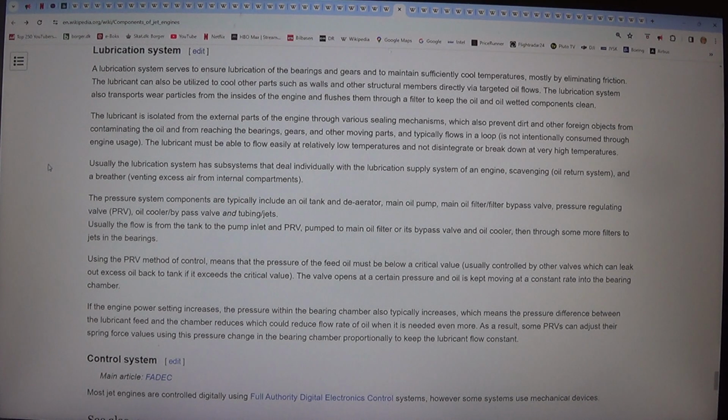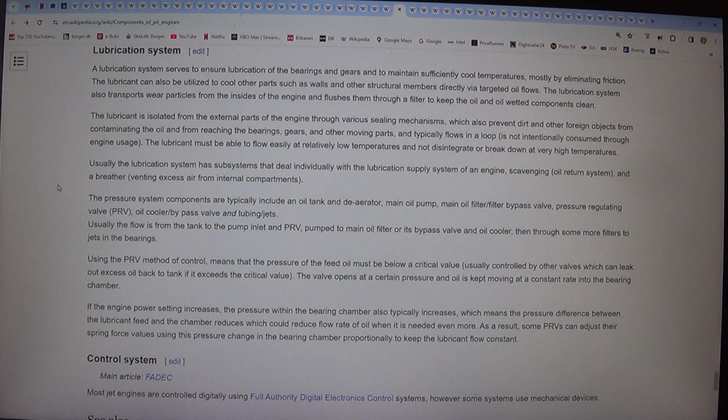The pressure system components typically include an oil tank and aerator, main oil pump, main oil filter forward/filter bypass valve, pressure regulating valve, PRV, oil cooler forward/bypass valve and tubing forward/jets. Usually the flow is from the tank to the pump inlet and PRV, pump to main oil filter or its bypass valve and oil cooler, then through some more filters to jets in the bearings.